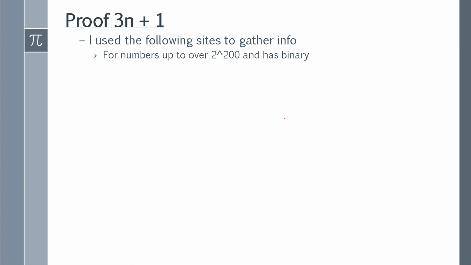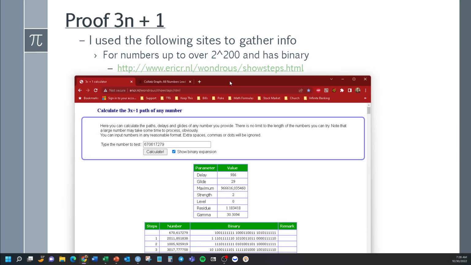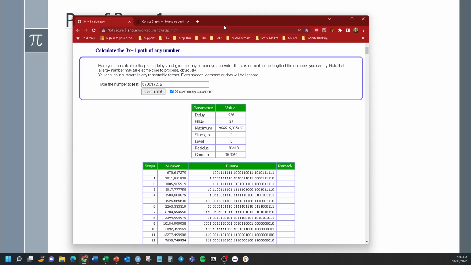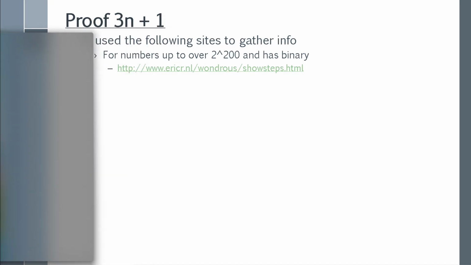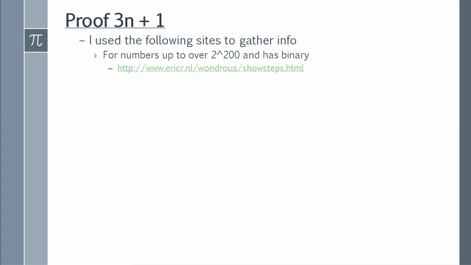All right, to look at numbers larger, I go to the website that you see on your screen. I've done numbers up to 2 to the power of 200 minus 1. So you put these in here and they will calculate out any number that you want.